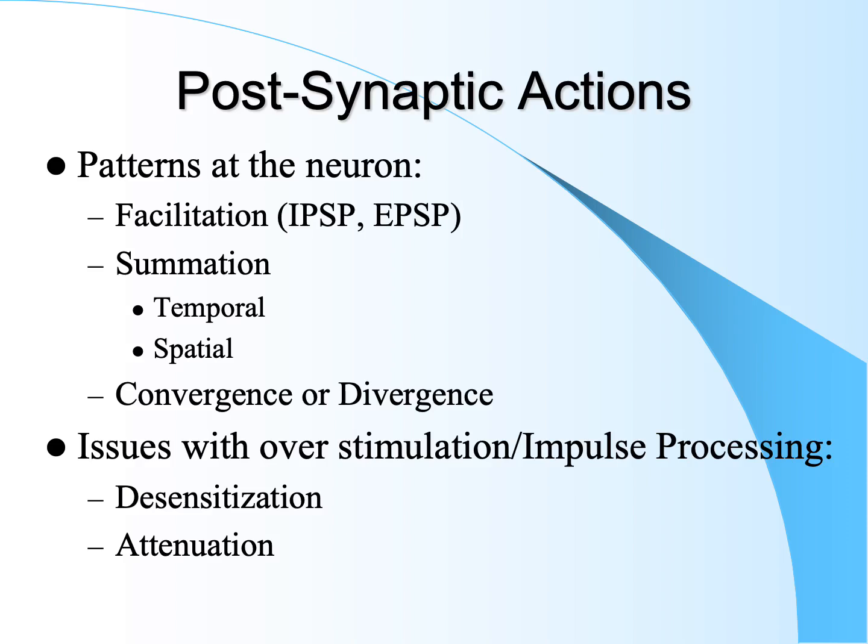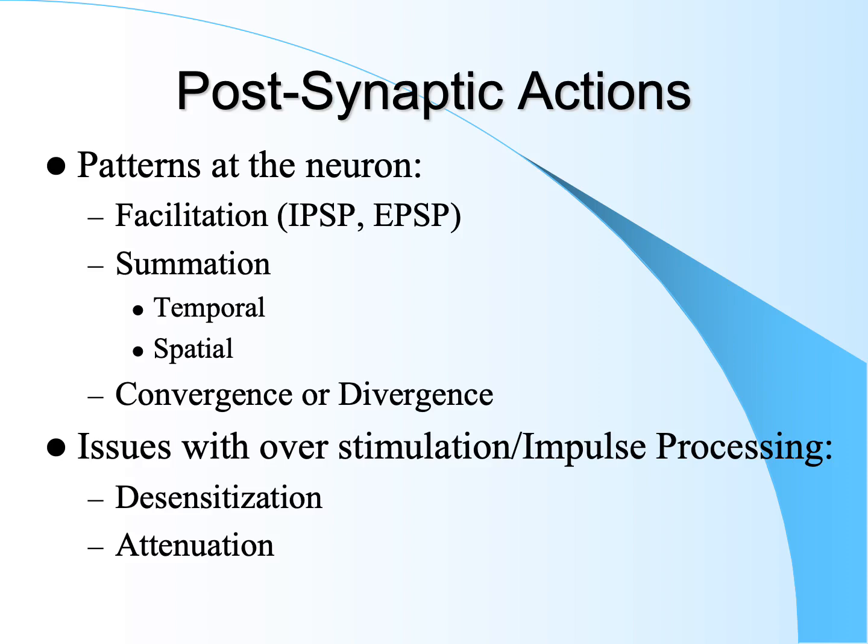If we have multiple neurons coming together, we have distinct types of integration, or what's referred to as summation, that can take place. If it happens based off of a timing of signal, we get what's referred to as temporal summation. If we get it based off of areas of the neurons being interactive with each other, it's what's referred to as spatial summation.